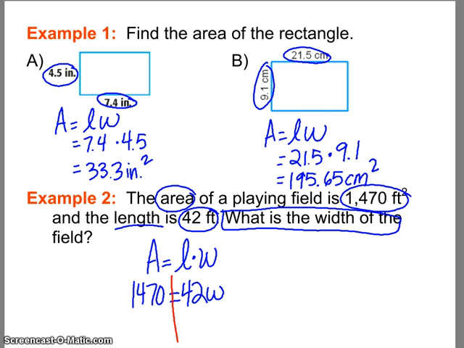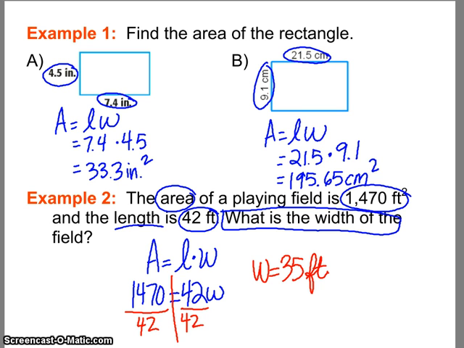W is being multiplied by 42, so we're going to divide by 42. And if I do it to one side, I must do it to the other. Grab your calculators. Therefore, W must be 35 feet.